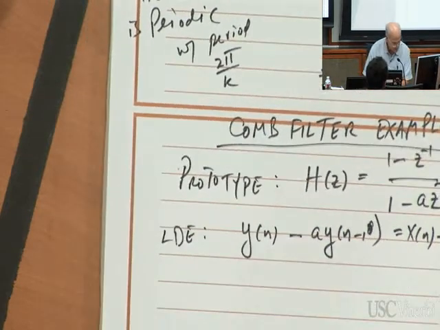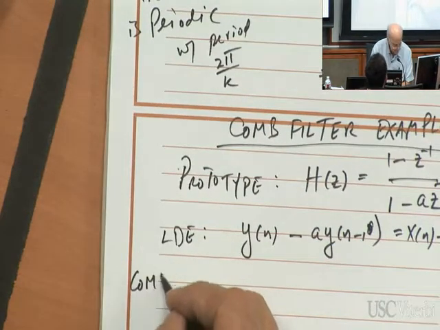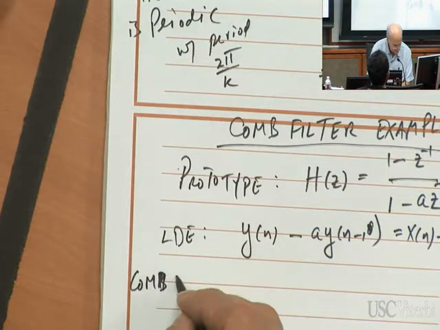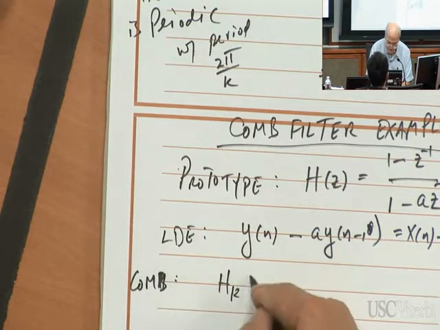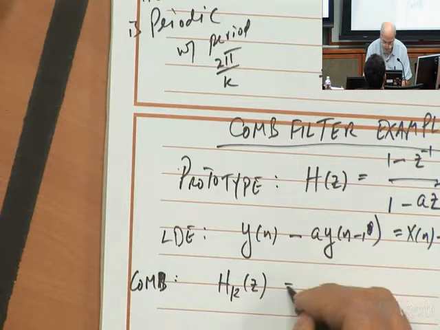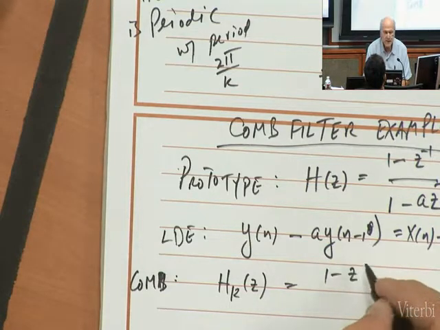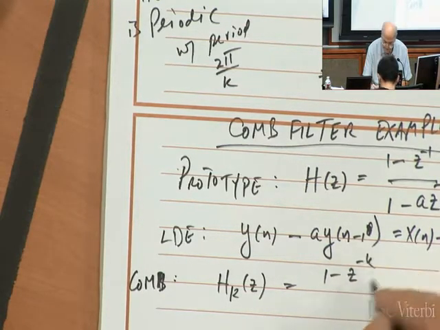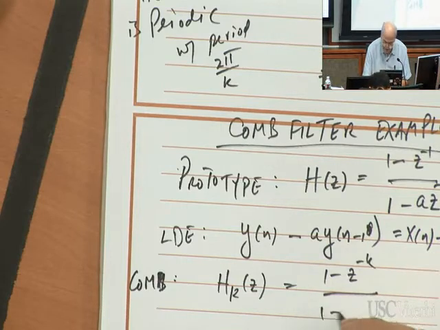Just to repeat, the comb filter is h sub k of z equals 1 minus z to the minus k over 1 minus a z to the minus k.